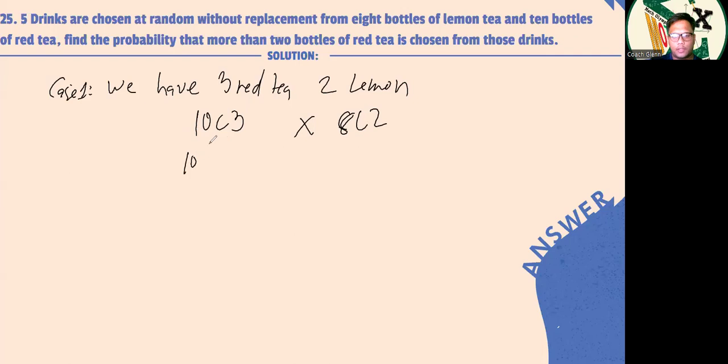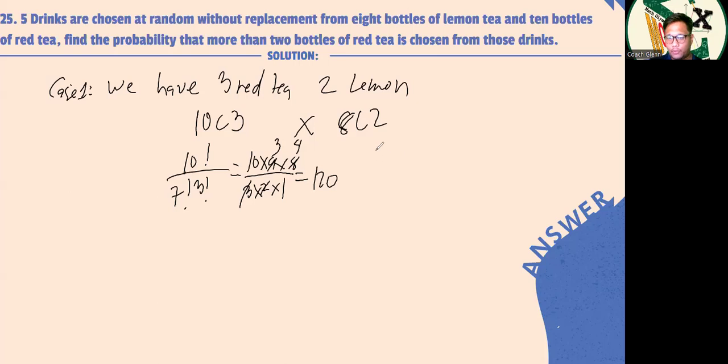So 10 choose 3, that's 10 factorial over 7 factorial times 3 factorial. Or that's just equal to 10 times 9 times 8 over 3 times 2 times 1. But cancel this, so we get 3. Cancel this, so we get 4. 10 times 3 times 4 is 12. 12 times 10 is 120.